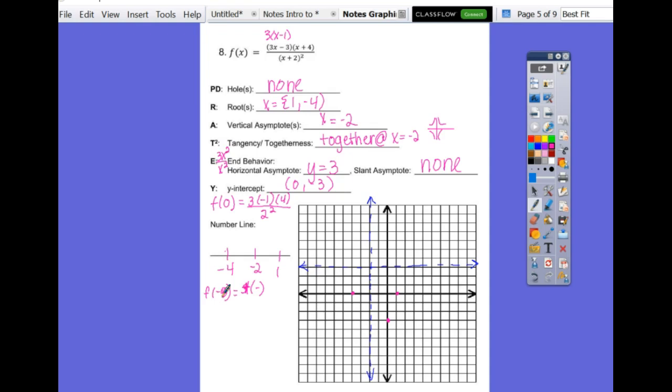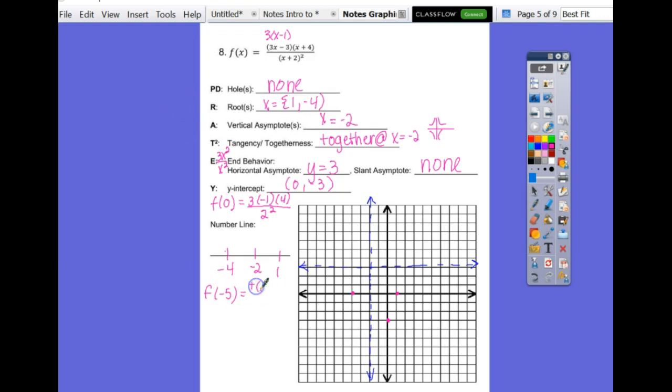Oh, goodness. Y'all, I was testing 4, and that's my point, so I can't test that. I have to test on this side of it, so I'm going to test -5.